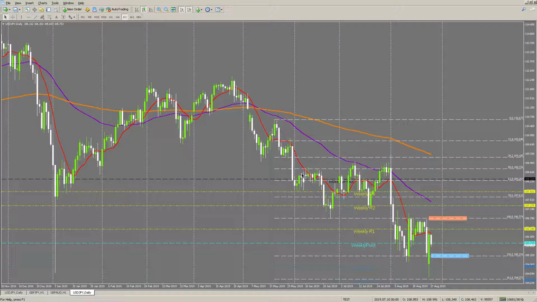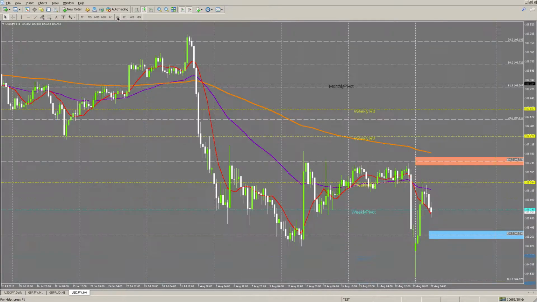Now we want to find a potential entry. Let's move down to the 4-hour time frame here, and there are a couple of ways where we can identify support levels. There's this level here which is at 105.52, and this one's here at 105.50.